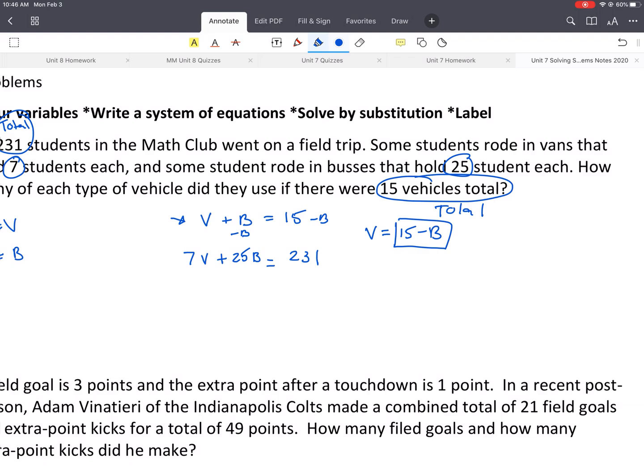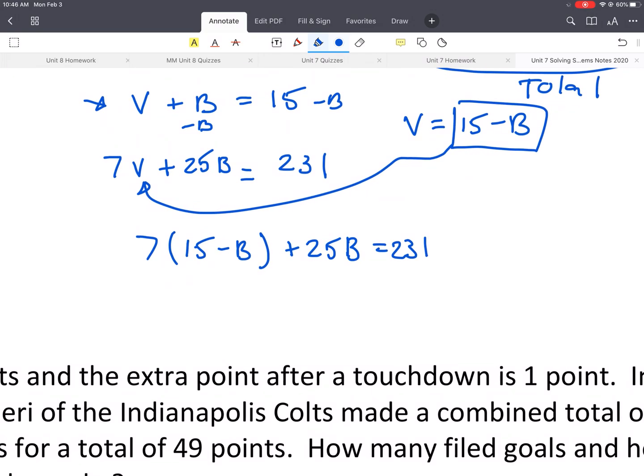Okay, and then since we solved for v, we're going to substitute that into our equation. So we'll do 7 times (15 minus b) plus 25b is equal to 231. We'll distribute, so that gives us 70 plus 35 is 105. Make sure I got that right.